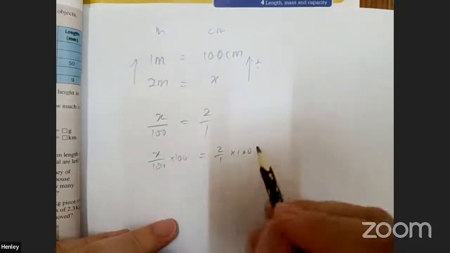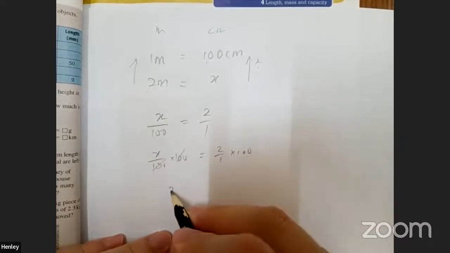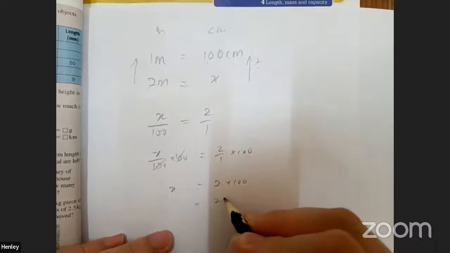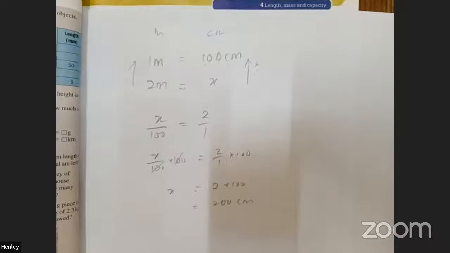What I do on my left, I do on my right. So you can cancel each other. So the x will be equal to 2 times 100. So the answer is 200 centimeters.